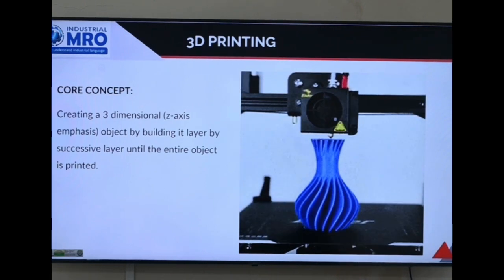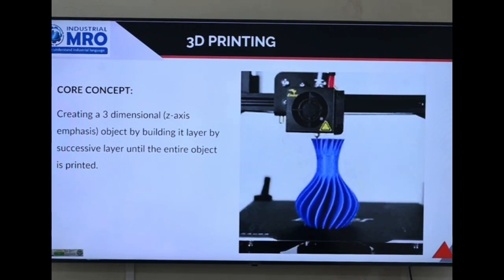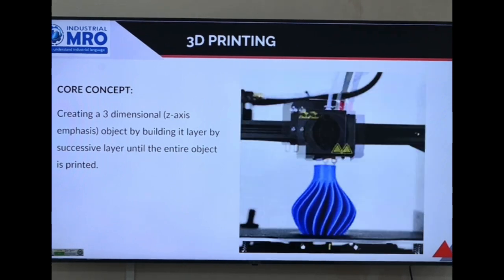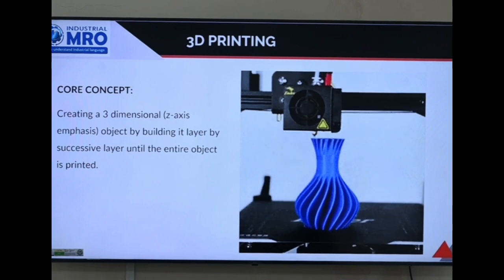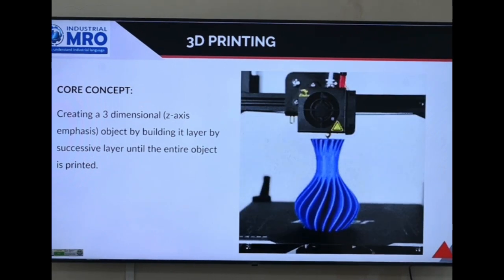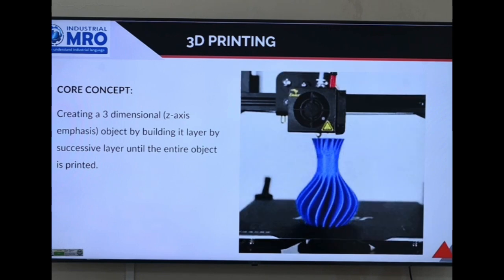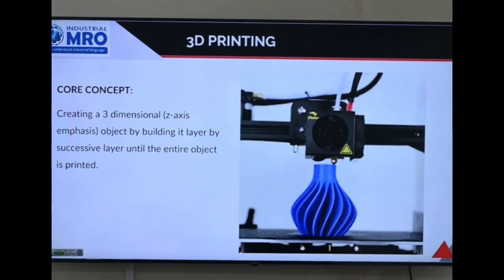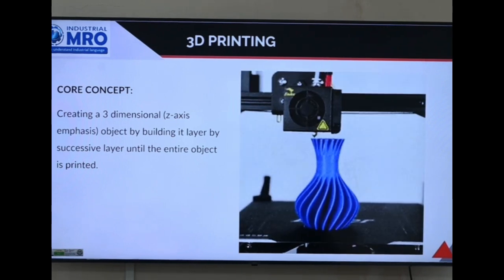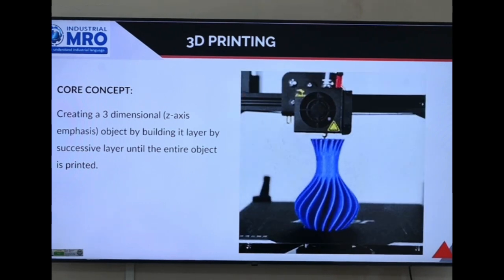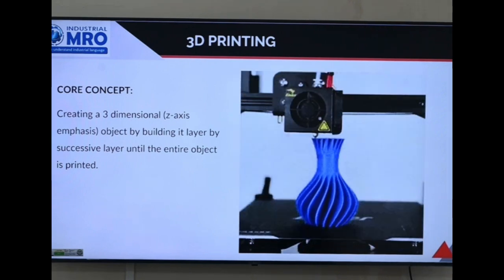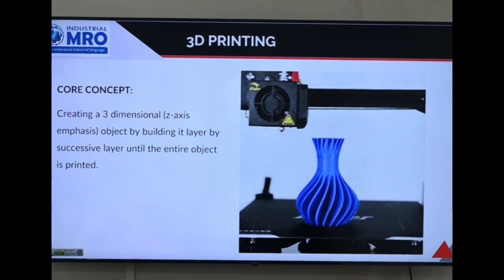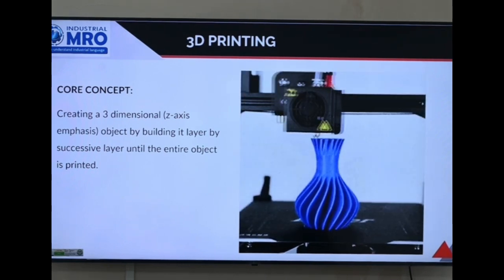So that is what I mentioned: creating a three-dimensional object by building it layer by layer, with successive layers, until the entire object is printed. Here you can see in this small animation how the printing is done. At the bottommost layer there is a bed. This black area that you can see is the bed, and once you put up a glue, sometimes there is a heated bed.